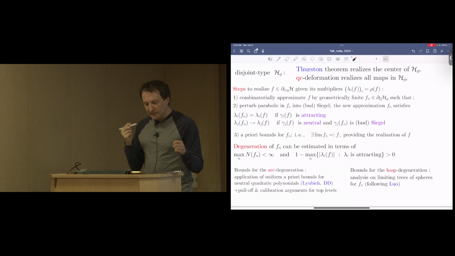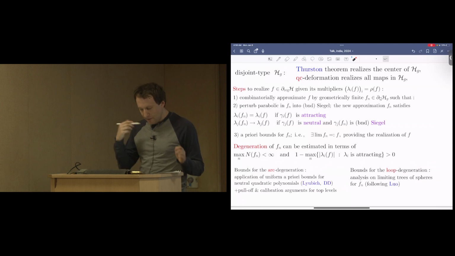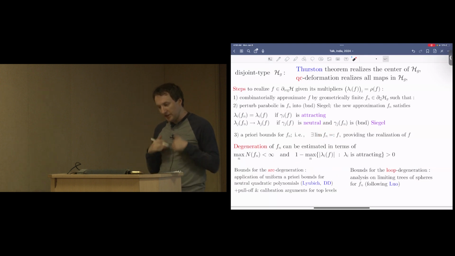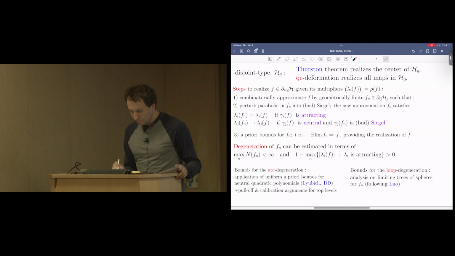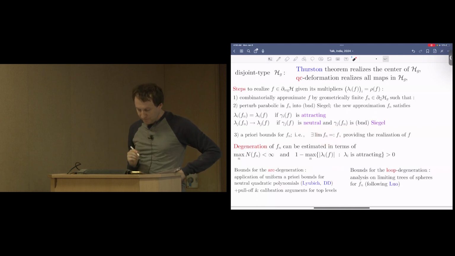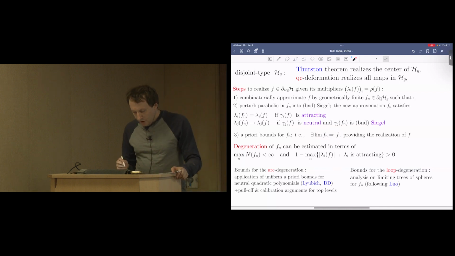And then the last step, the main step, is that we want to claim that such a sequence Fn satisfies a priori bounds, namely we can take the limit. For that we are using this type of argument.